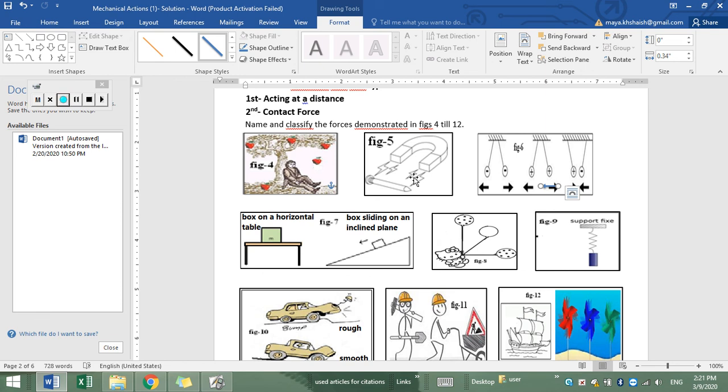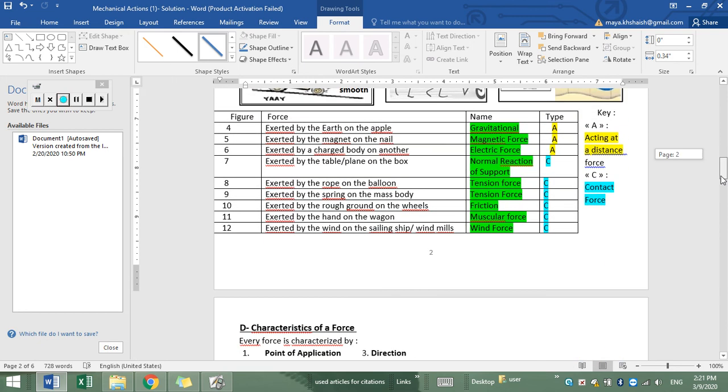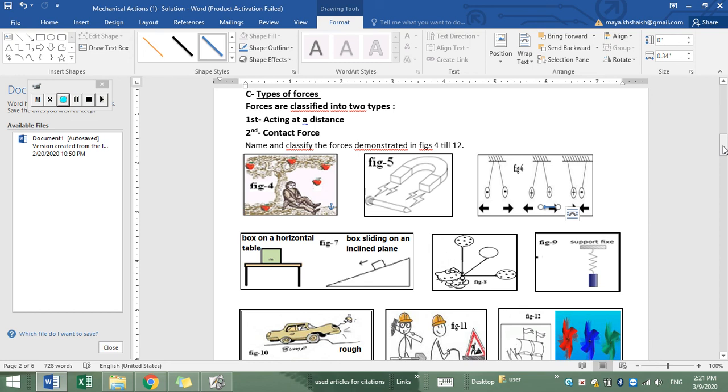Figure 6, we have negatively charged bodies, positively charged bodies, and negatively and positively charged ones. So the force exerted by a charged body on another, since here we are considering positive charges and negative charges, then we are talking about electric force. So the name of the force here is electric force.